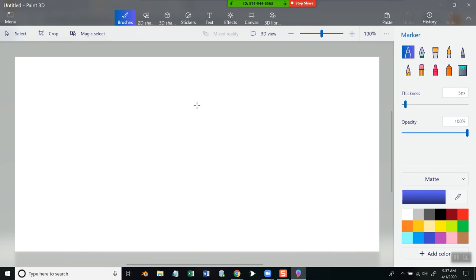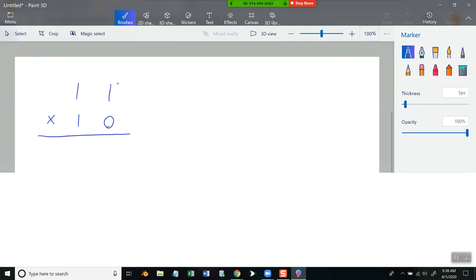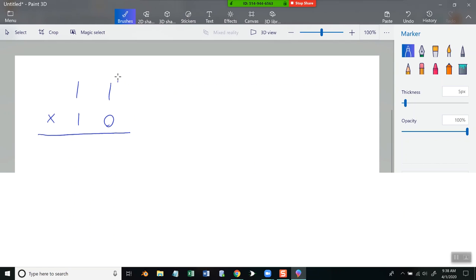So for example, if I had 1 times 1, 0. B1, B0, this would be our... try it again.